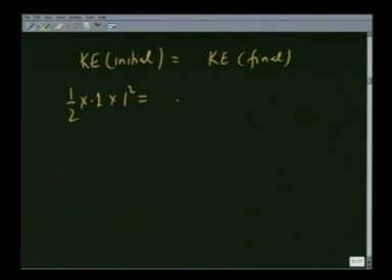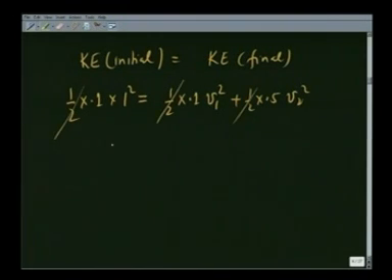Final kinetic energy, both particles are moving, and therefore 1/2 times 0.1 v1 square plus 1/2 times 0.5 v2 square, and this gives me, half cancels, 1 equals v1 square plus 5 v2 square. This is my equation number 2.